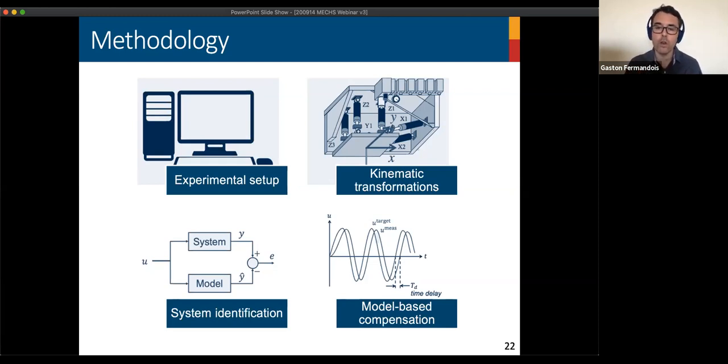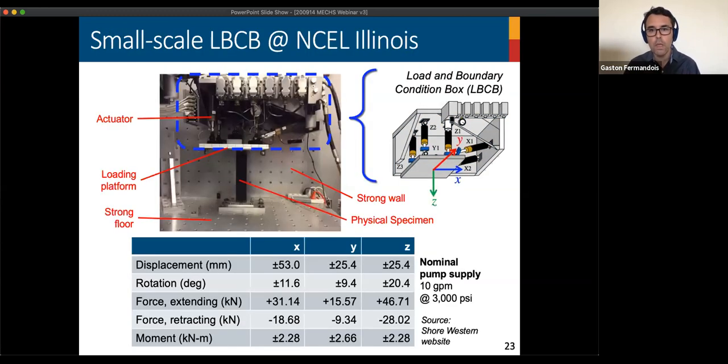Then if we're going to design a compensator that is based on a model of the system, we need to identify that system. So system identification is a key aspect of this framework. And finally, design the compensator, implement that, and run the test. This is basically the research that I conducted during my doctorate studies.